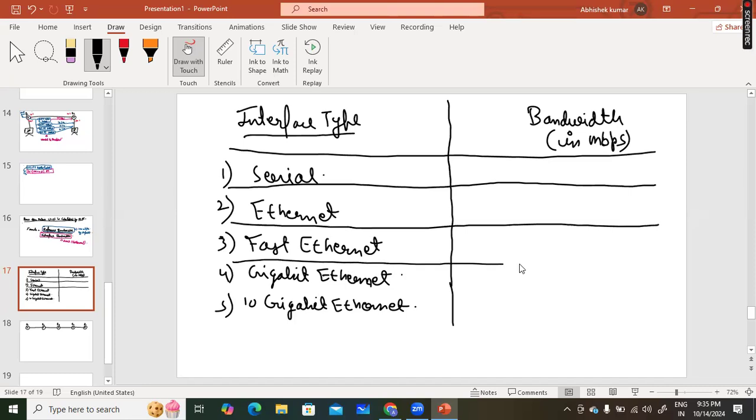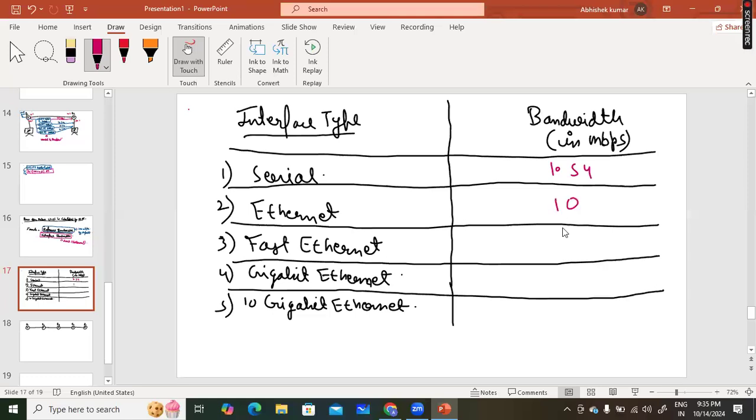Now we will try this. For serial, we have 1.54 Mbps. Make sure it's Mbps. For Ethernet, it's 10 Mbps. For Fast Ethernet, it is 100 Mbps.